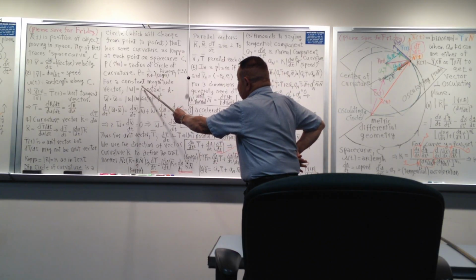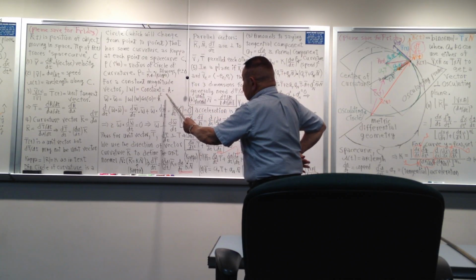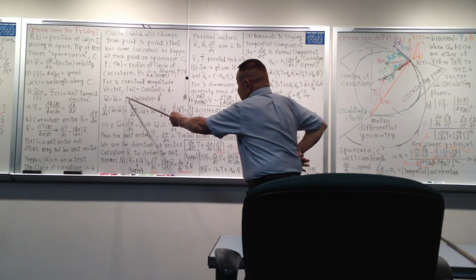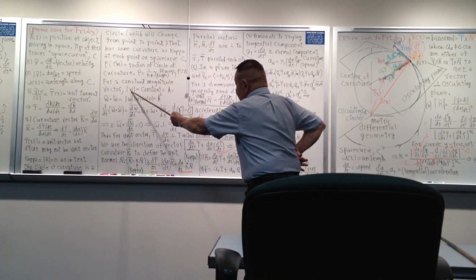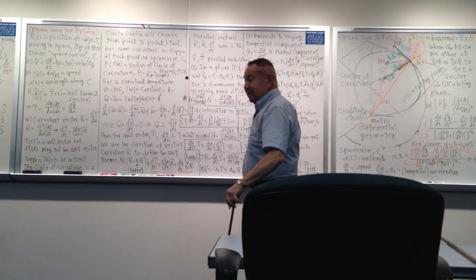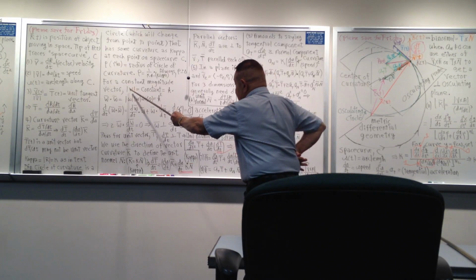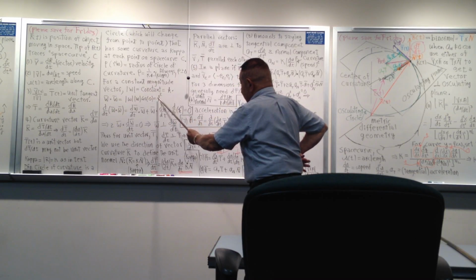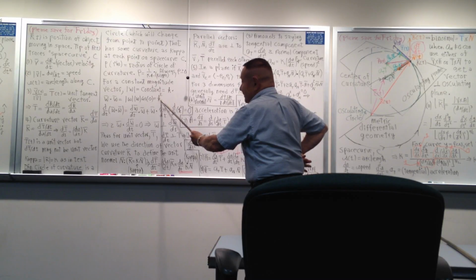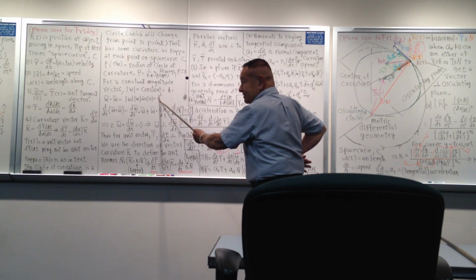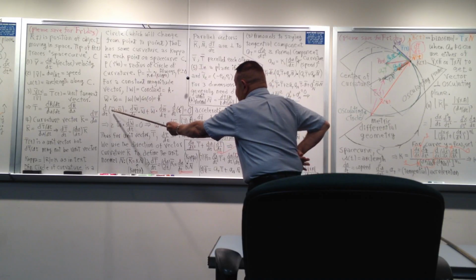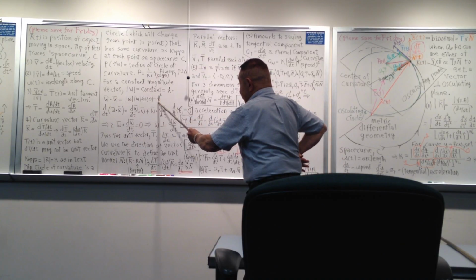So for constant magnitude vector, I'm doing the little proof here that either it's 0 or its derivative is 0, or else the derivative has to be at right angles, because you can take the dot product with itself, and we're assuming constant magnitude, so the dot product with itself is another constant, and then take the derivative of both sides.